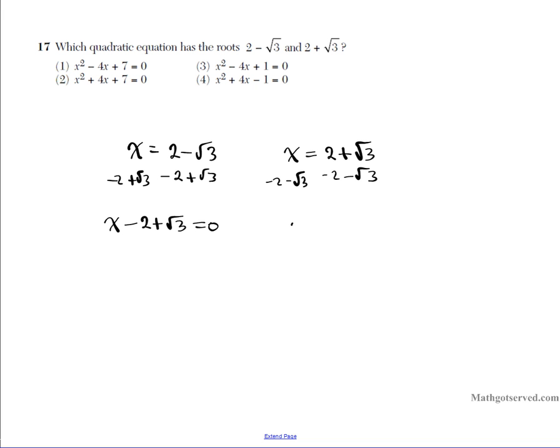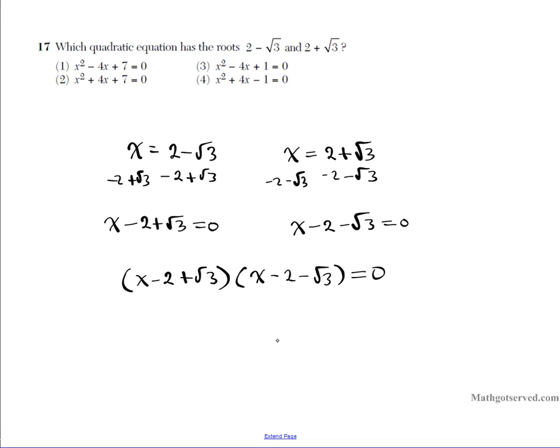And then I also have x minus 2 minus root 3 equals 0. Since this is 0 and this is 0, I can write down the expression x minus 2 plus root 3 times x minus 2 minus root 3 equals 0.